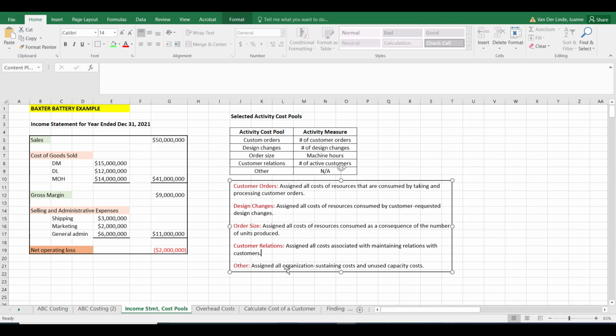And other, it's going to receive all the organization sustaining costs and unused capacity costs. The costs dumped into this bucket are not assigned to products or to customers. It's these other ones that aren't organization sustaining or unused capacity costs. All of the costs dumped into these 5 cost buckets will end up being assigned to products, and if we're looking at a customer, to a customer as well.